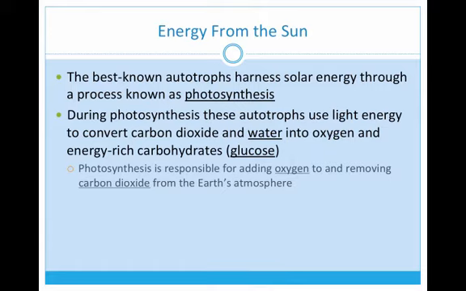This should be a review from 7th grade. Photosynthesis is responsible for adding oxygen to and for removing carbon dioxide from the Earth's atmosphere. This helps keep the concentration of both of those gases pretty level in our atmosphere. There's a lot more oxygen than there is carbon dioxide, but it keeps the levels pretty constant.